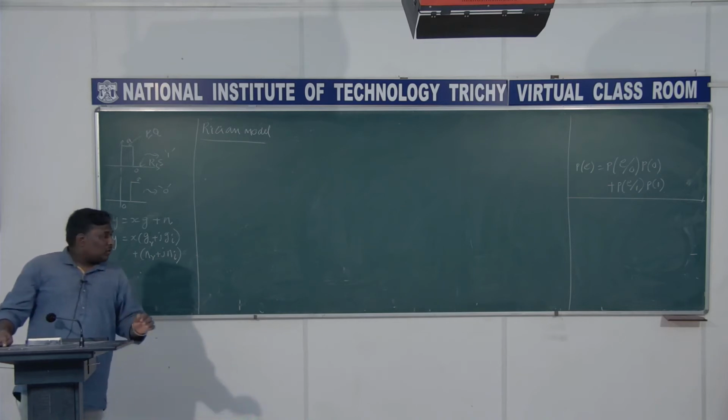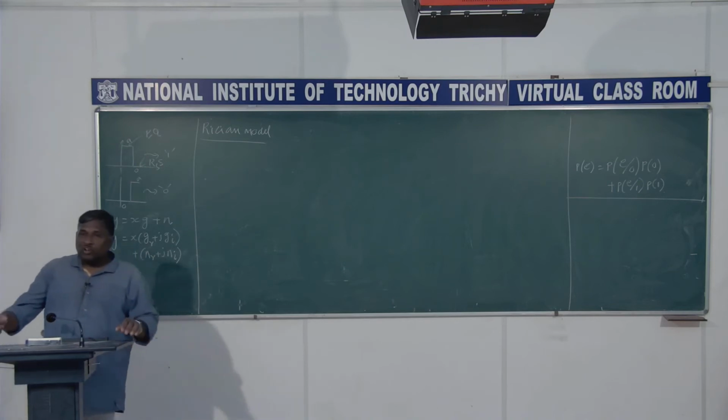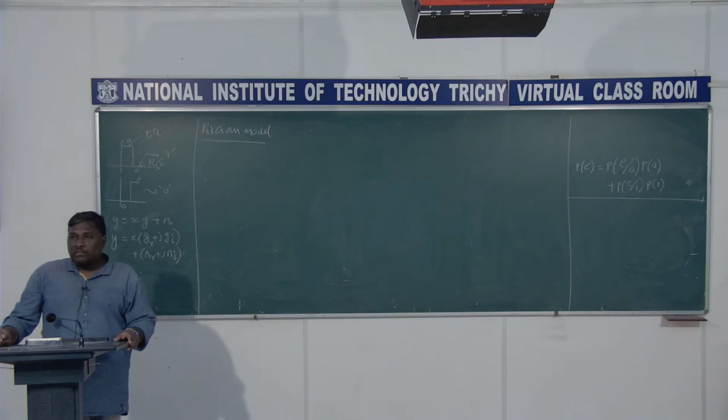But we also have this g_r and g_i, they are also Gaussian with variance sigma square, and the mean we assumed as 0 in both cases.